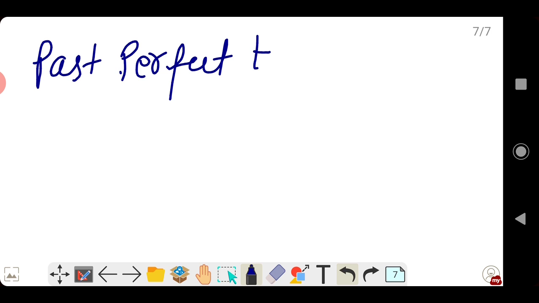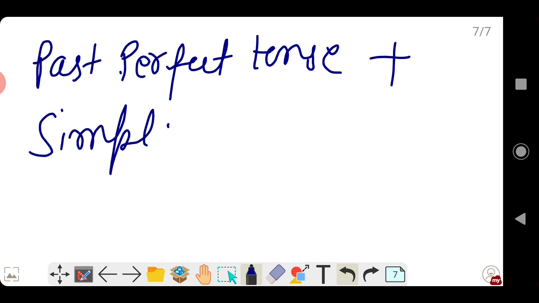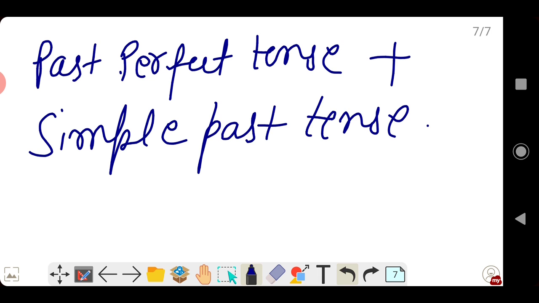Past perfect tense plus simple past tense. You may or may not have heard the example: She had just left the room when the police arrived.